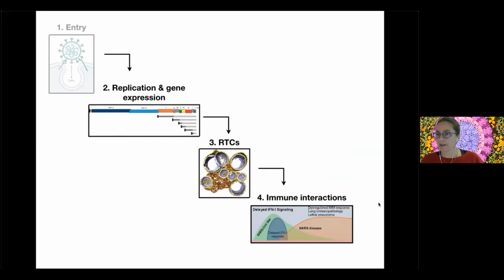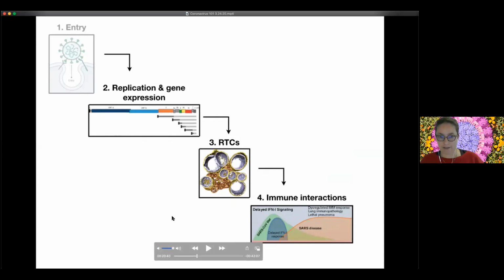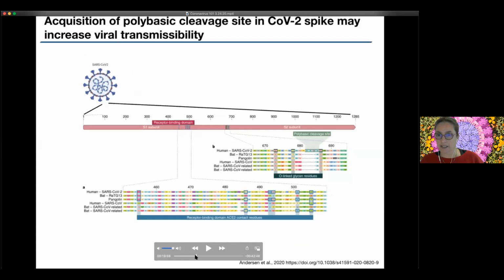Could I rediscuss the importance of the polybasic cleavage? So essentially, I think we don't know what the importance of this is, of the polybasic cleavage site. Remember that one of the key features of this virus is that there's a lot we can learn about it by comparing to other known coronaviruses.